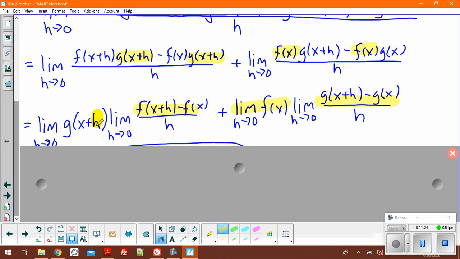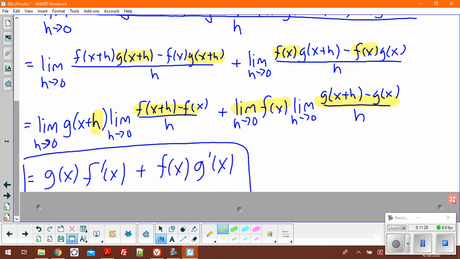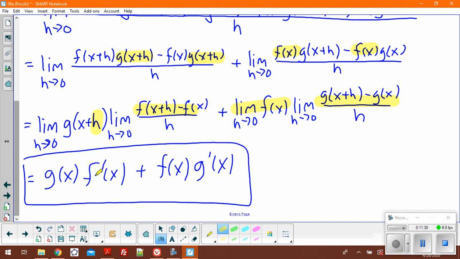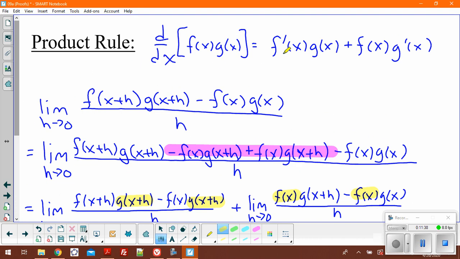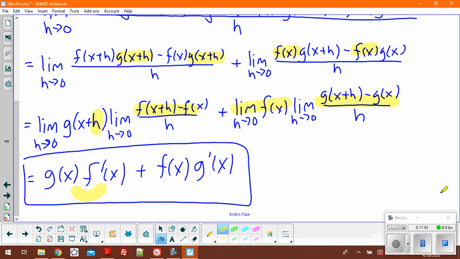And here, this h will go to 0, so I just have g of x. So I've got g of x times f prime of x plus f of x times g prime of x. So all I have to do is flip the order of those two, and I get the exact same expression I had at the top. So that's why we have to do f prime times g of x and f of x times g prime for the product rule.